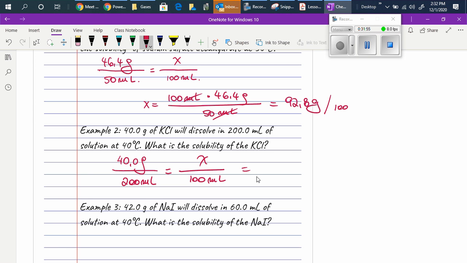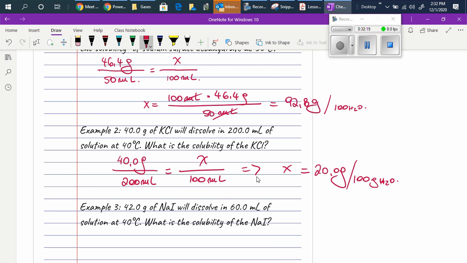So this is X, and from here, X will be equal to 20 grams of potassium chloride in 100 milliliters or grams of water. Because for water, what do we say? Grams and milliliters is pretty much the same.